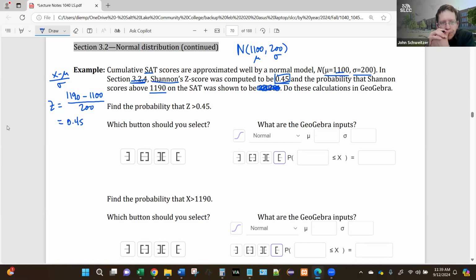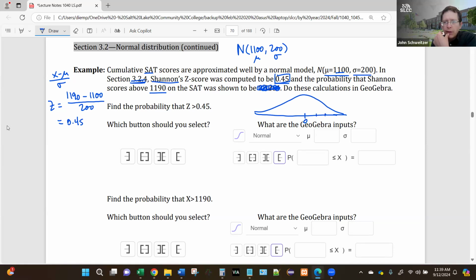So now that we know Shannon's z-score, we can find the percent of the distribution that's above that z-score. Okay, so you imagine the z distribution, right? The standard normal. So we have 0 there in the middle, symmetric about 0. Then maybe that's the inflection point out there.